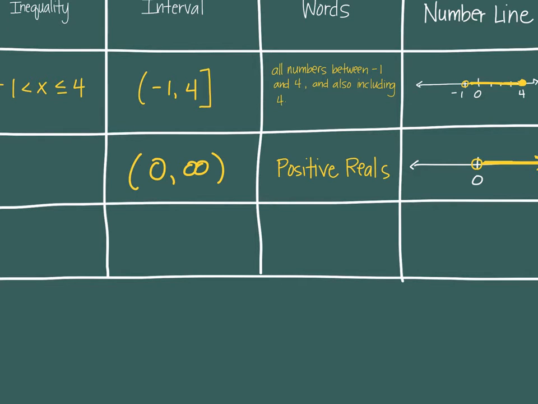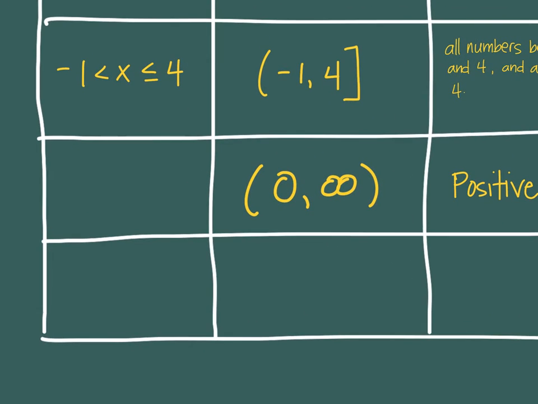So we write it like that, soft for both. And then for our inequality notation, we've got 0 less than x less than infinity. Neither of them have lines underneath because we're not able to be equal to either of those.